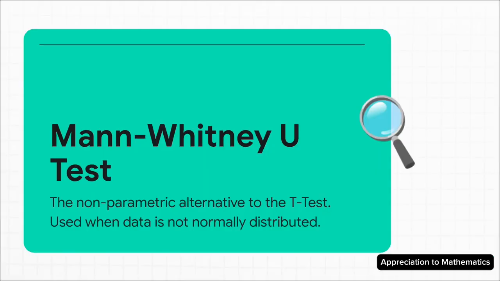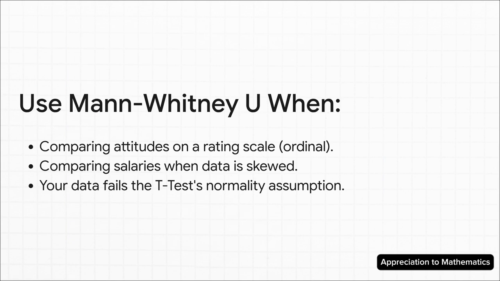So the Mann-Whitney U is what we call a non-parametric test. That's really just a fancy way of saying it doesn't care about that perfect bell curve shape. It's the go-to choice when your data is skewed or when your data is based on ranks, like answers on a survey from strongly disagree to strongly agree. And this is where it's an absolute lifesaver.